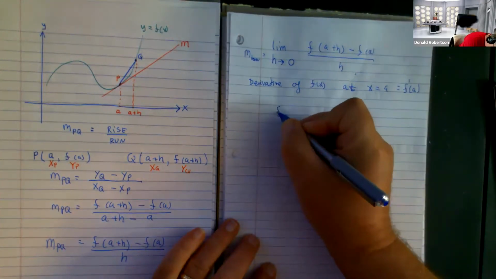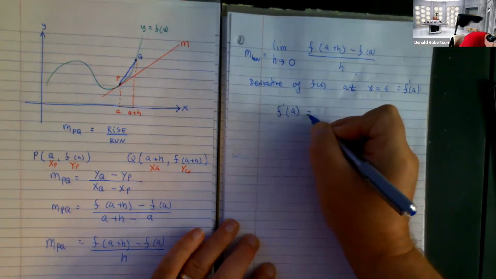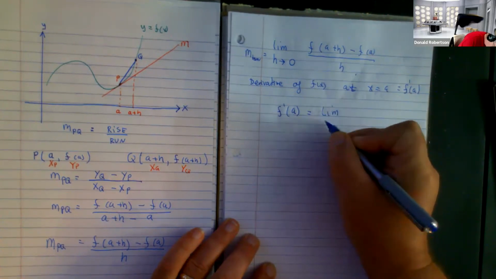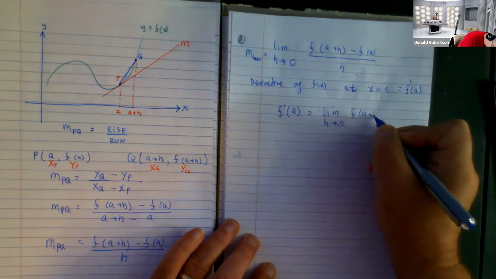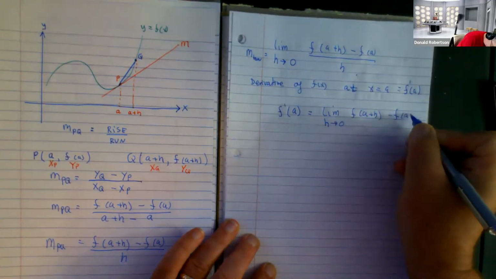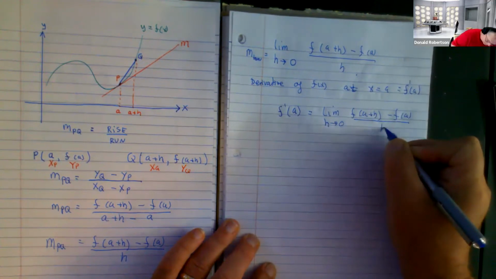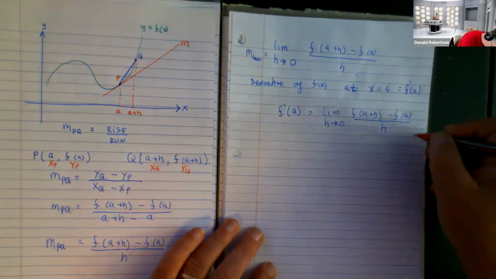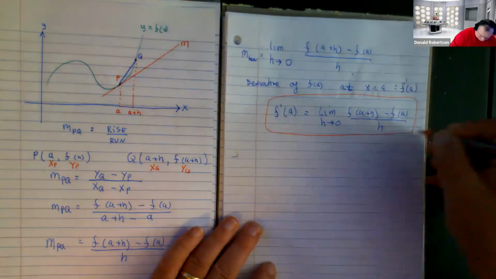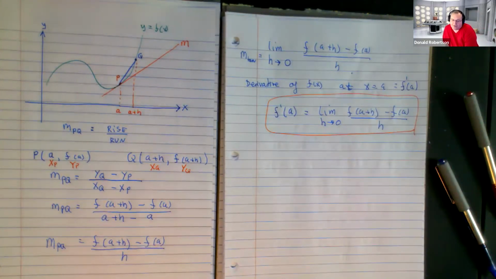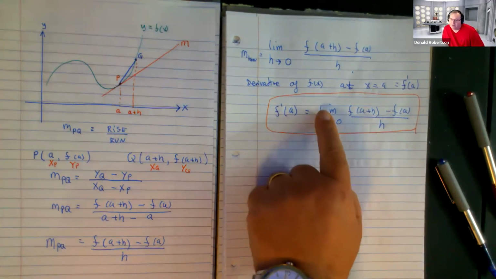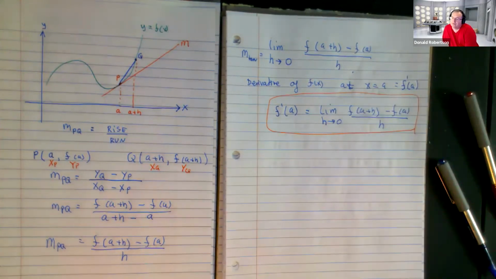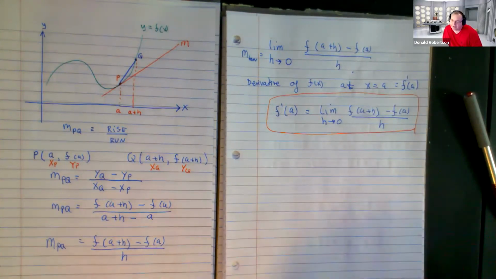So our first derivative is going to be found using this formula. It's a fundamental formula in calculus that allows us to get the slope of tangent lines. F dashed of a is the limit as h tends to 0 of this fraction. Well, let's put it into practice.